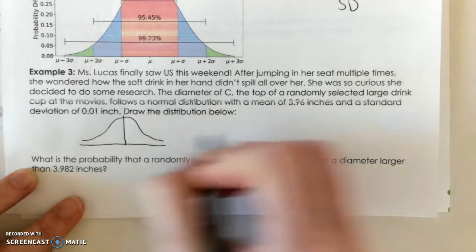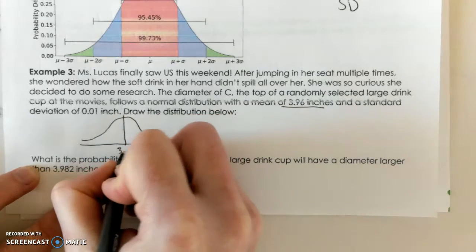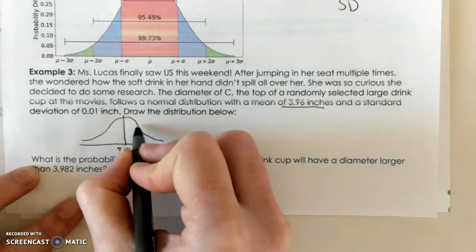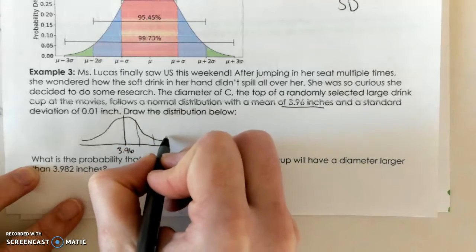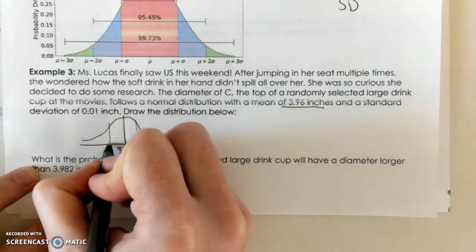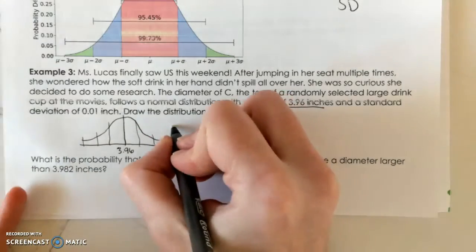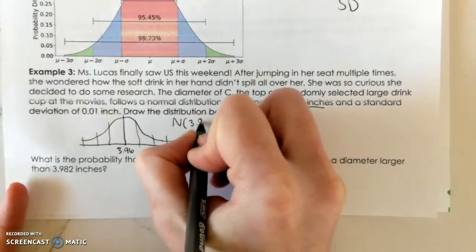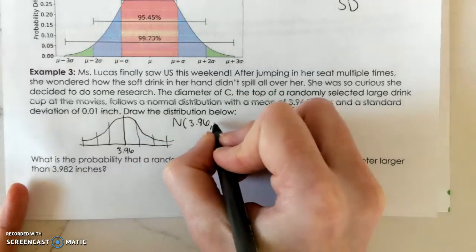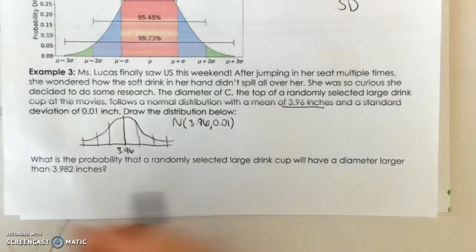My mean is 3.96 inches, and I'm going to have 3 standard deviations above and 3 standard deviations below. And then if it's a normal distribution with a mean of 3.96 and a standard deviation of 0.01, all I'm going to do is add 0.01 each time.